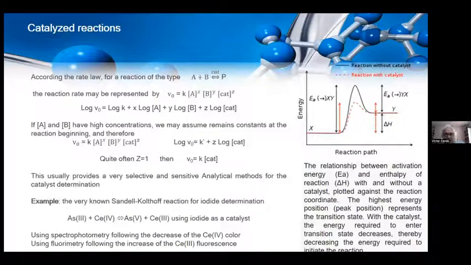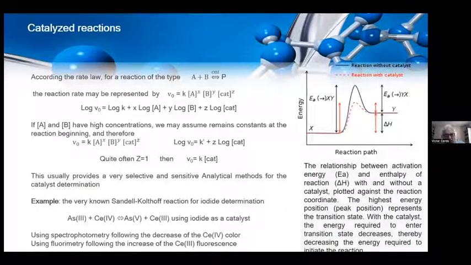If you have a catalyzed reaction, you can speed up the reaction because the catalyst decreases the activation energy. In this way, the speed of the reaction depends not only on the reacting components, but you have also introduced the concentration of the catalyst, where x, y, and z are the orders of the reaction.